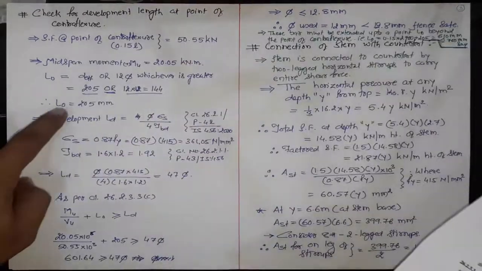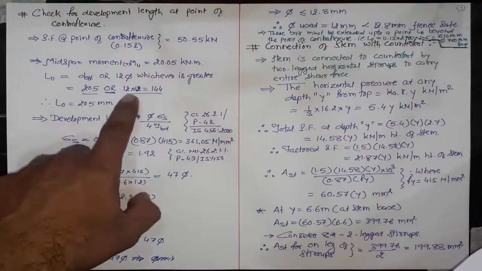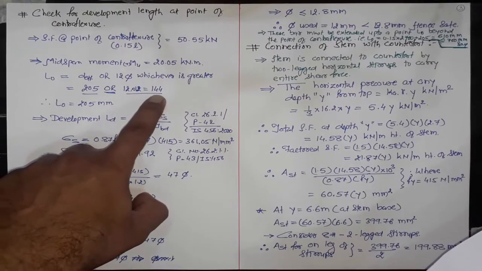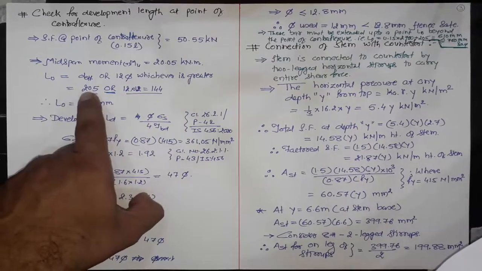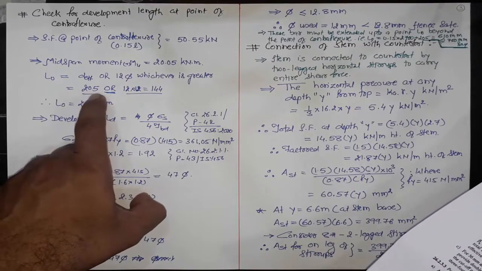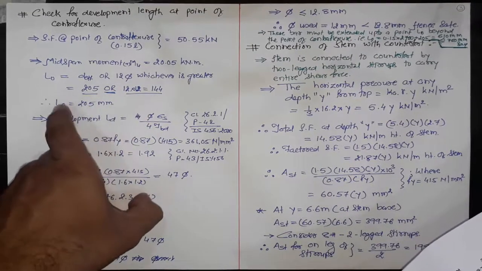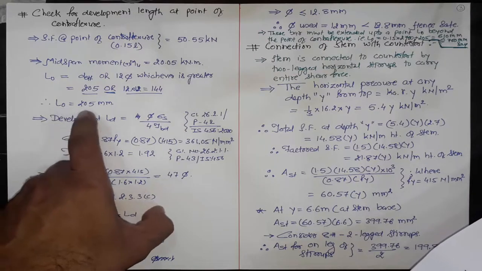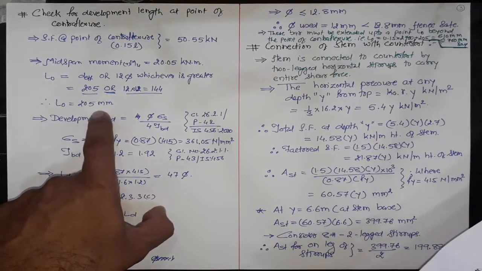Here diameter we are using is 12, 12 into 12 comes out to be 144, where D effective is 205 mm. Whichever is greater is your L0. Therefore L0 will be 205 mm.